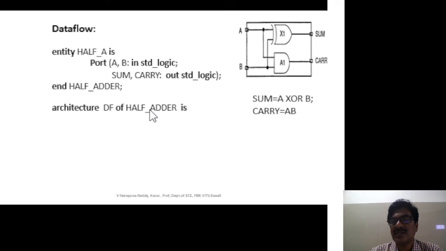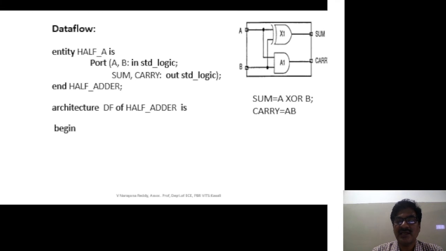Here just A is placed, there is a mistake, you correct it. Then, since in this program there are no internal declarations, I directly write begin.